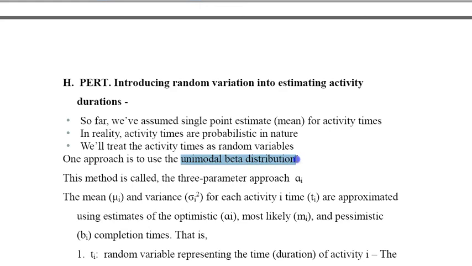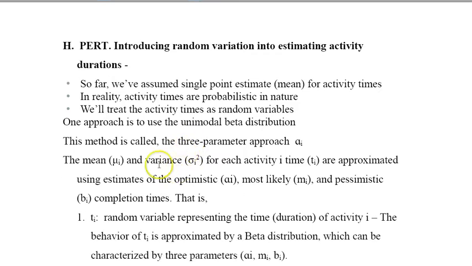This is a good distribution to select when there is no data to formulate an actual probability distribution. It gives you a pretty good idea from these 3 estimates. So the method is called the 3-parameter approach.